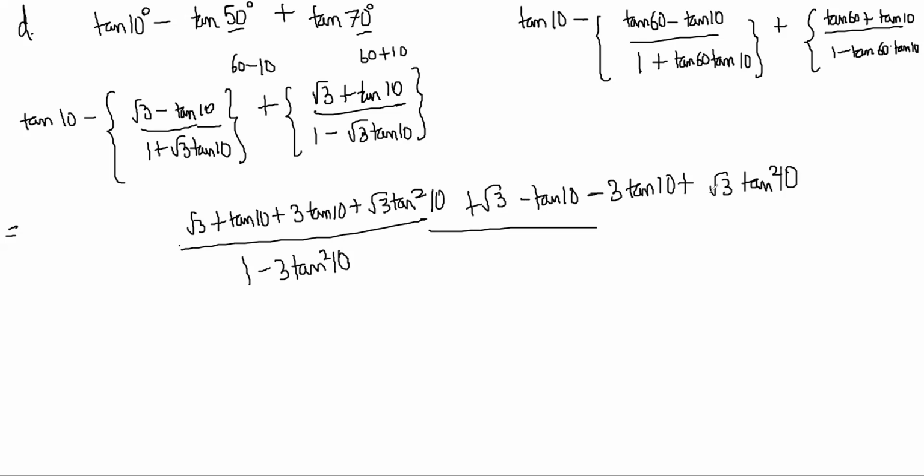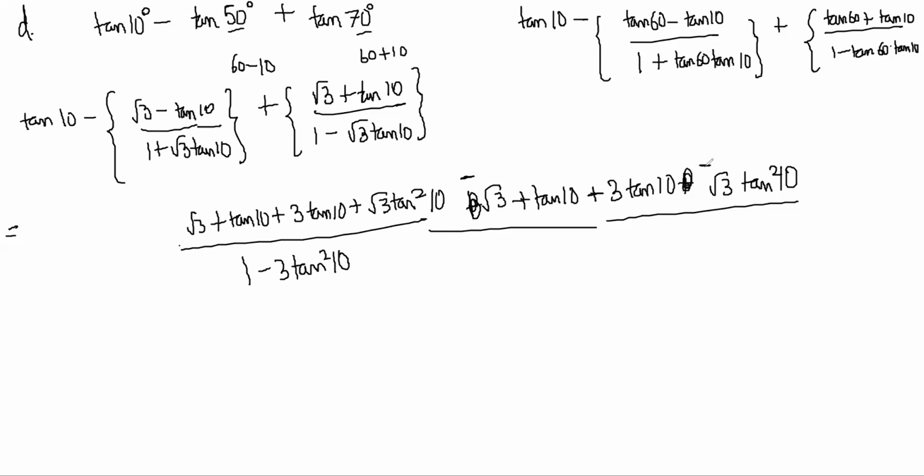I have subtracted, but have I subtracted correctly? So when you subtract, it becomes this minus this. So 1 into root 3 is correct, but it becomes minus root 3, and minus tan 10 becomes a plus, and minus root 3 minus 3 tan 10 becomes a plus.